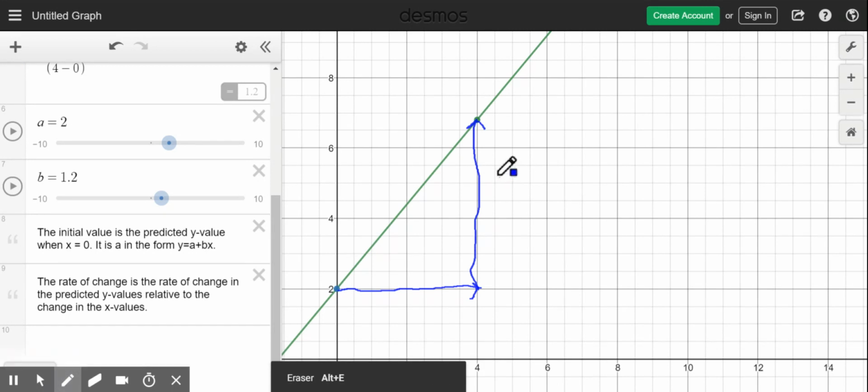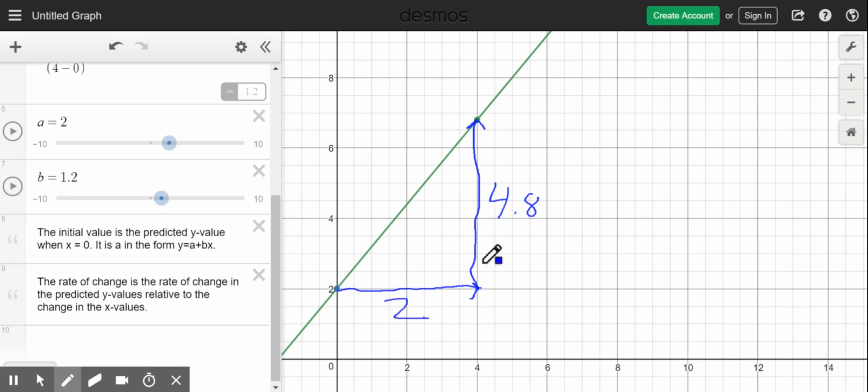Okay, so let me actually write this in here. We found that the difference here, 6.8 minus 2, is 4.8. And in this direction, the difference is 2. 4.8 divided by 2 is what gives the slope.